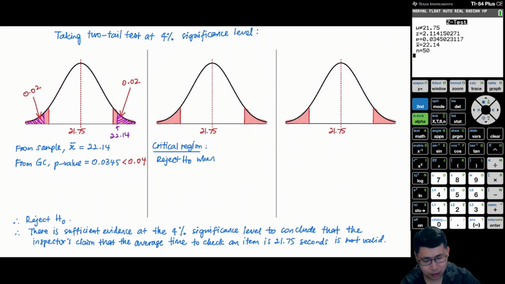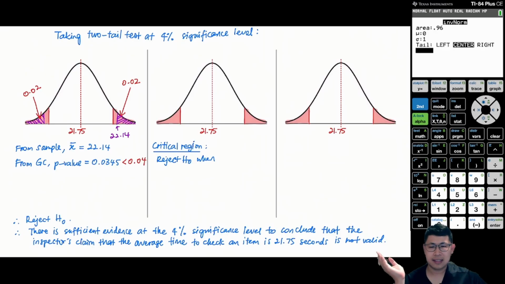Because this is 2%, this is 2%, the one in the middle is actually 96%. So I'm going to do inverse normal for 96%. These are the specifics that I'm going to put in: 96%, 0, 1, center and paste. So my values are negative 2.537 and so on.